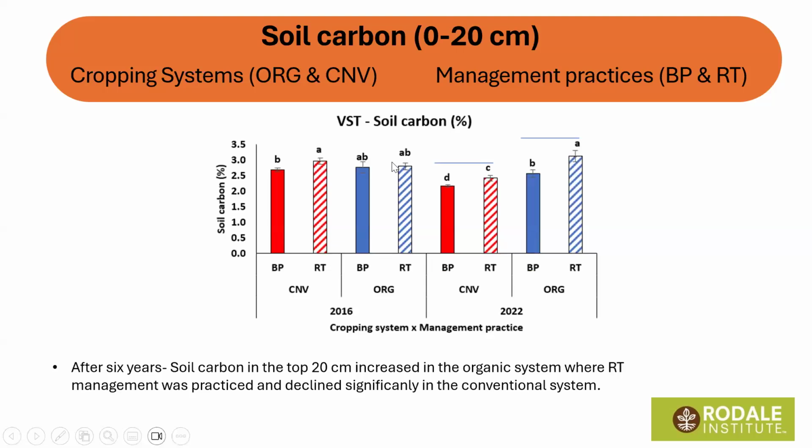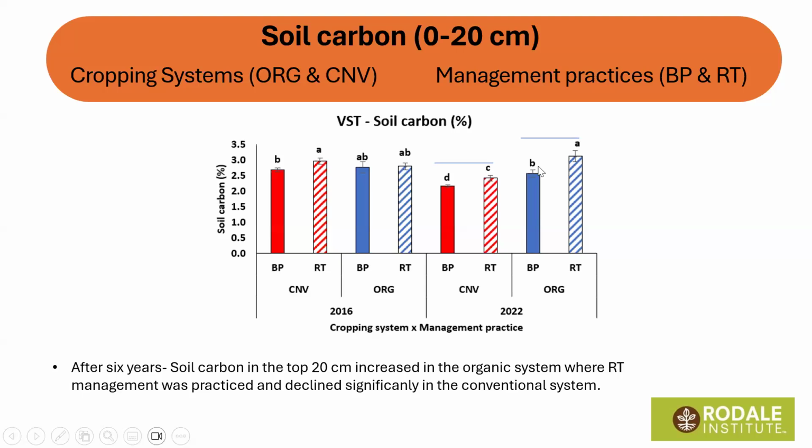In this graph, you will see the conventional and the organic. In the conventional, we have both black plastic and reduced tillage. They are in red color, and black plastic intensive tillage with reduced tillage in blue. So in 2016, we have those all similar.